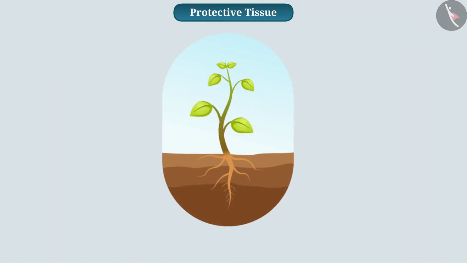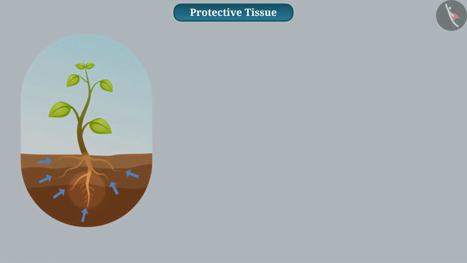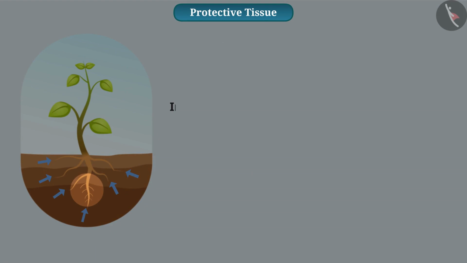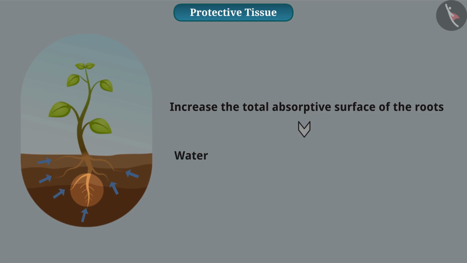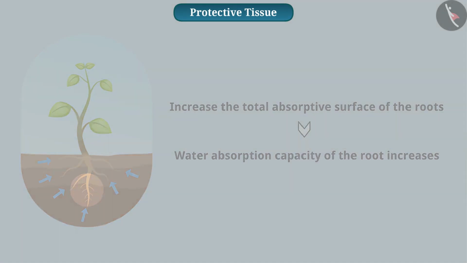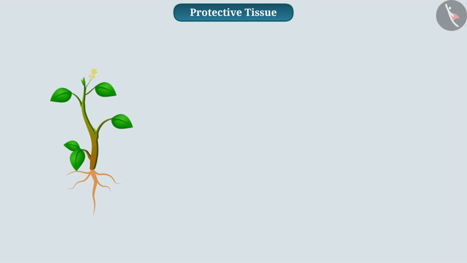Similarly, epidermal cells present in the roots absorb water. These cells have hair-like projections that increase the total absorptive surface of the roots. Due to this, the water absorption capacity of the root increases. The aging of a plant changes its external protective tissue.